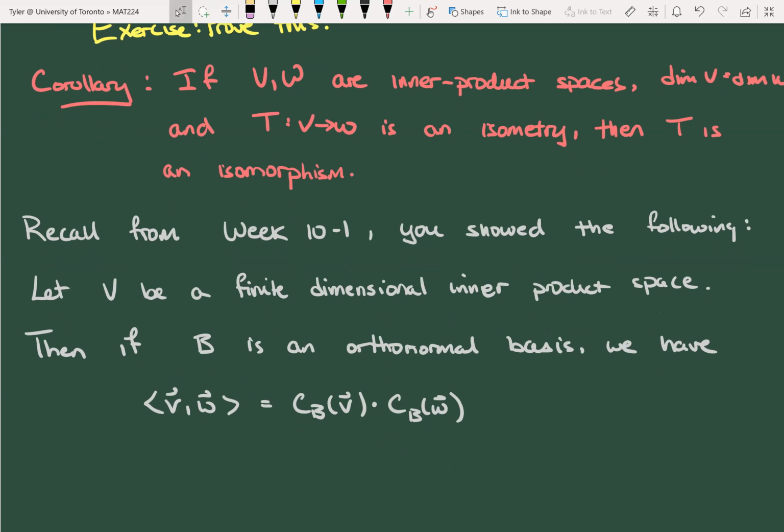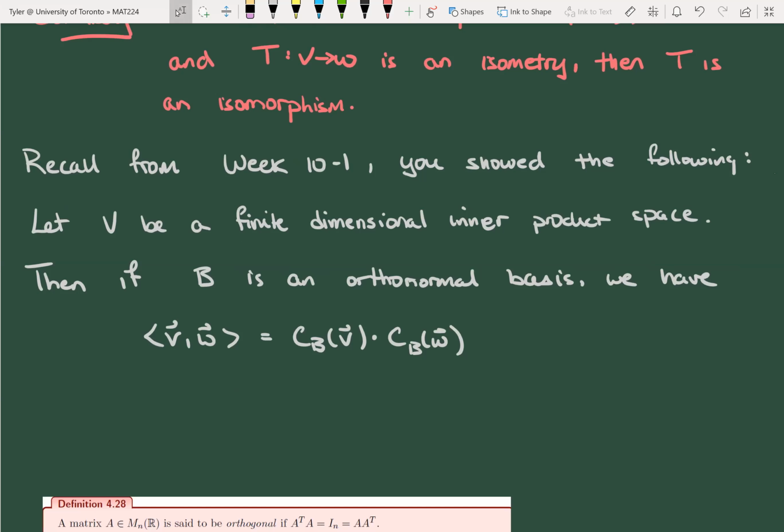Where C beta is our usual coordinate transform. So let me write this in a slightly different way. So this is the inner product in V, and this is the Euclidean inner product in Rn.